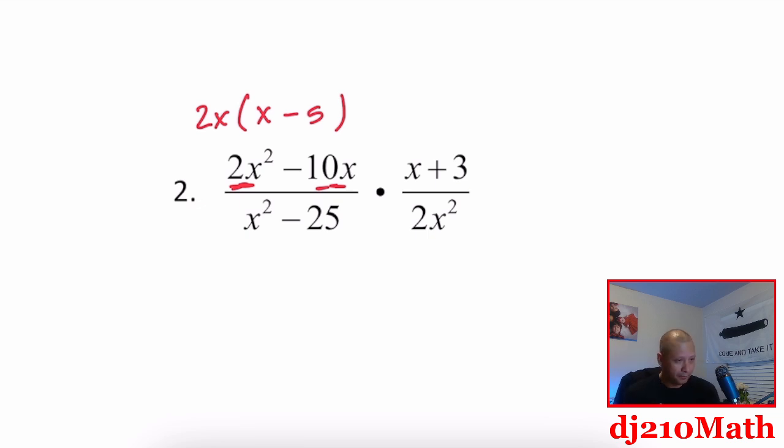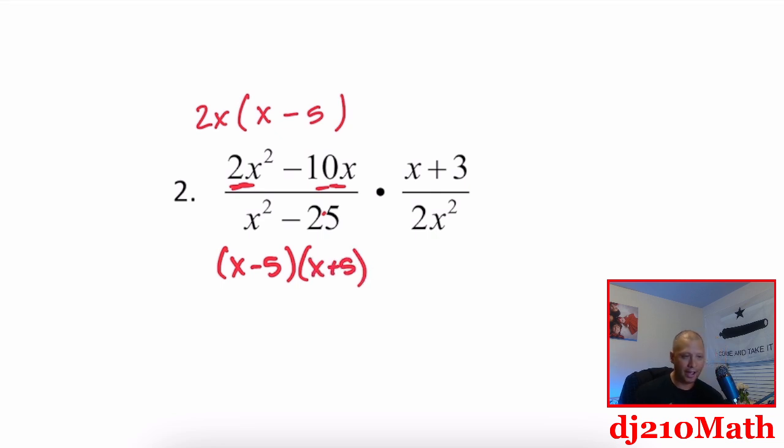All right, bottom left. At a glance it looks like you can't factor anything out. However, this is a difference of squares. x squared minus 25. We all know that 25 is really 5 squared. So what this means is x minus 5, x plus 5.